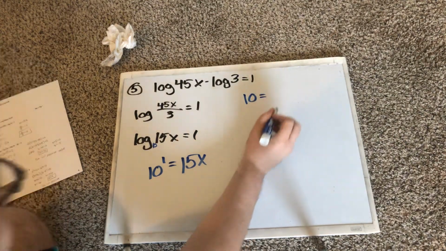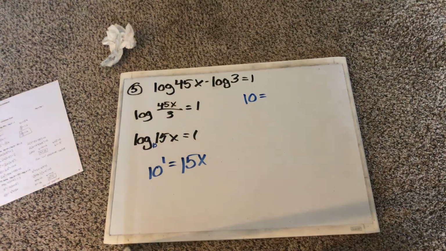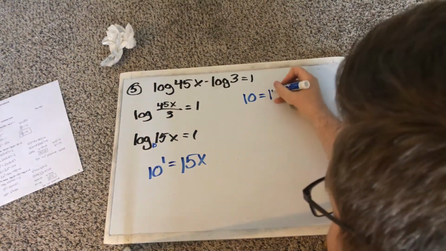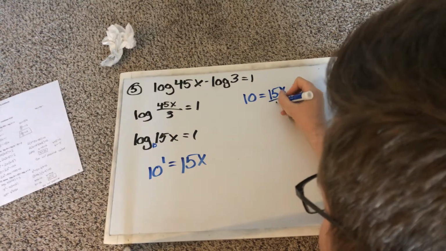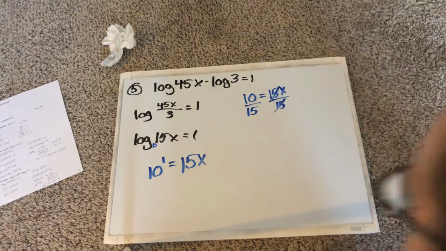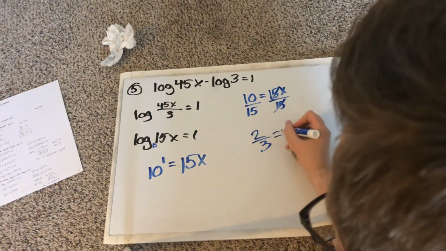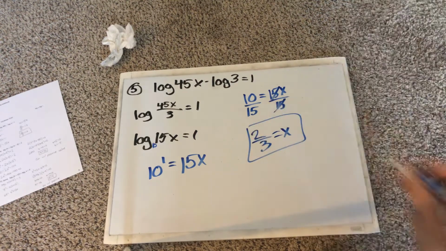So 10 is equal to 15x. If I divide both sides by 15, well, 10 over 15 simplifies down to 2/3. So x is 2/3, and that's fine.